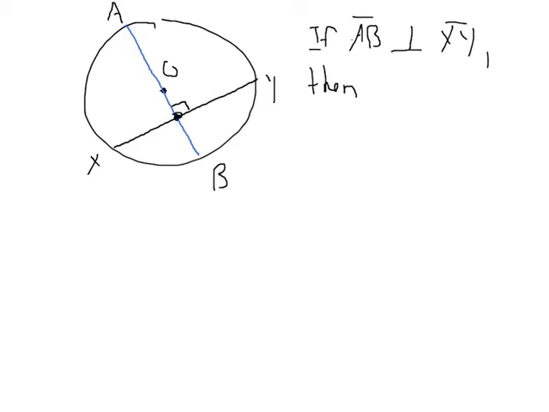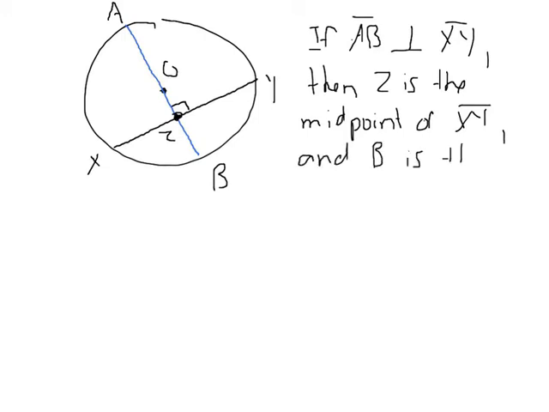So if we call this point Z, that means that Z is the midpoint of segment AB, and point B is the midpoint of arc XY. And to be specific, we'll call it XBY, so you can specifically see which arc we're talking about. And again, it's probably not that surprising to see that this is going to be true.